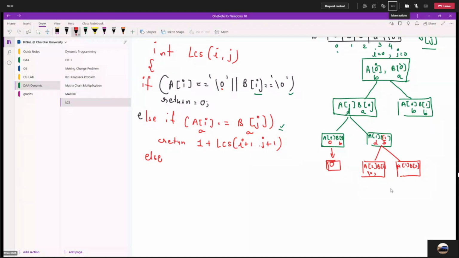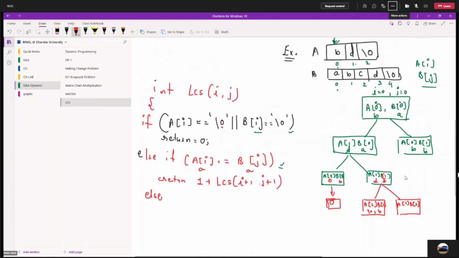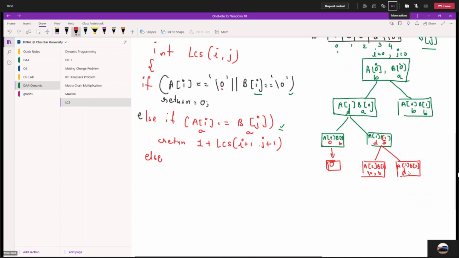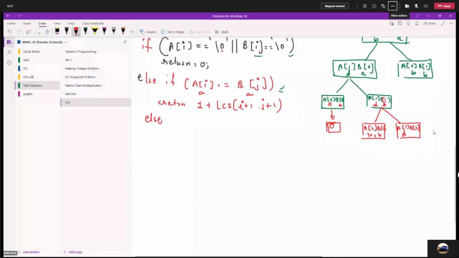B of 2, okay, B of 1 बराबर है, okay, this is A of 1, is I think D, okay. B of 1 क्या था, B of 1 is B, okay, and A of 1 is D and B of 2 is C, okay, correct hai.